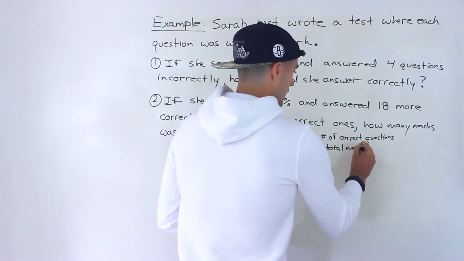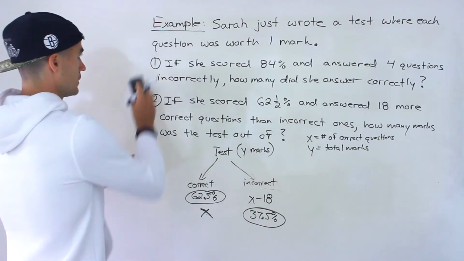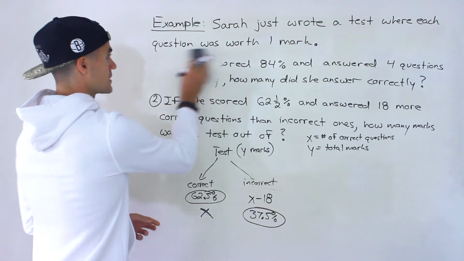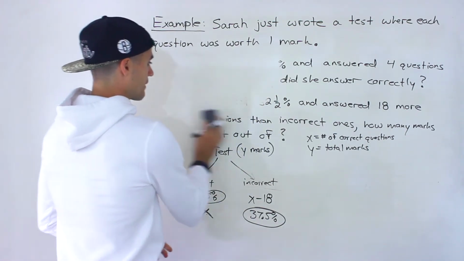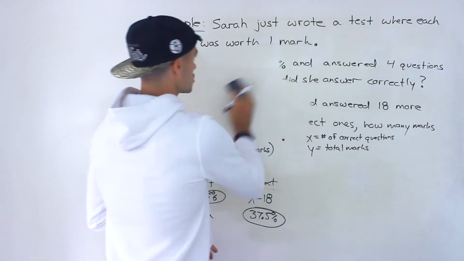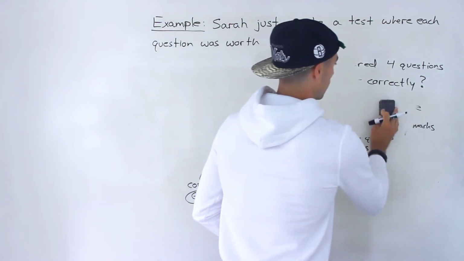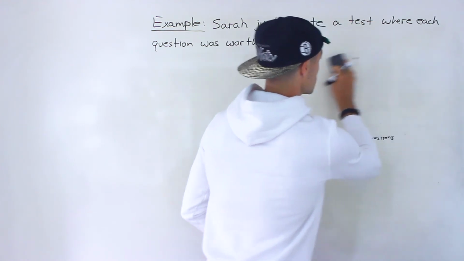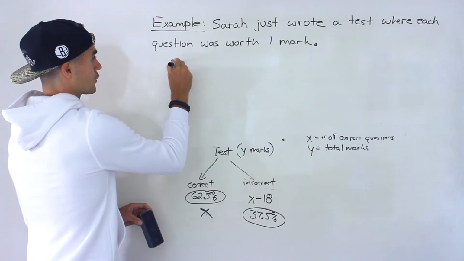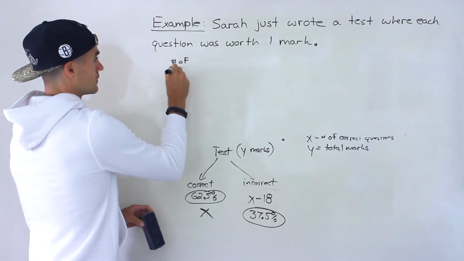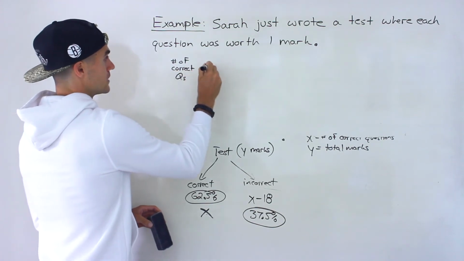Now to bring back those relationships, let me actually erase this up here, give myself some more room. To bring back the two relationships that we talked about in number 1, we said what? The number of correct questions was equal to what?